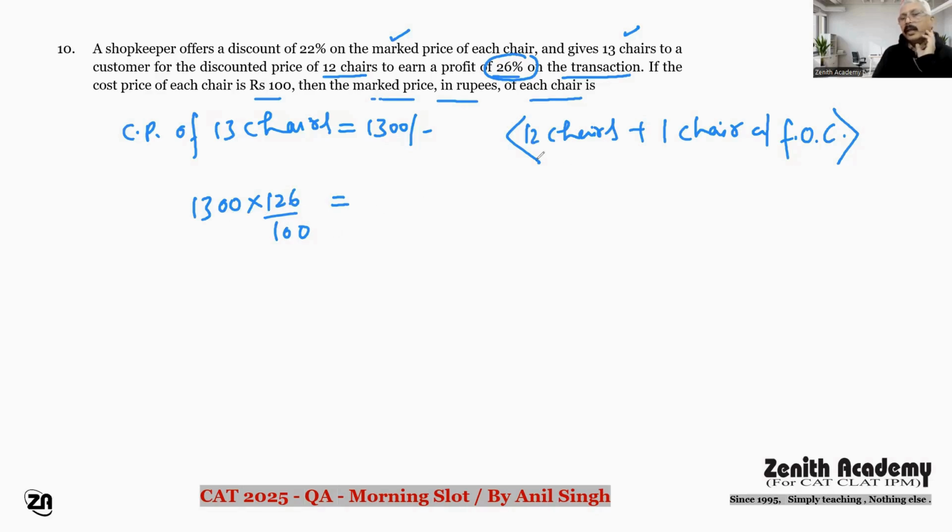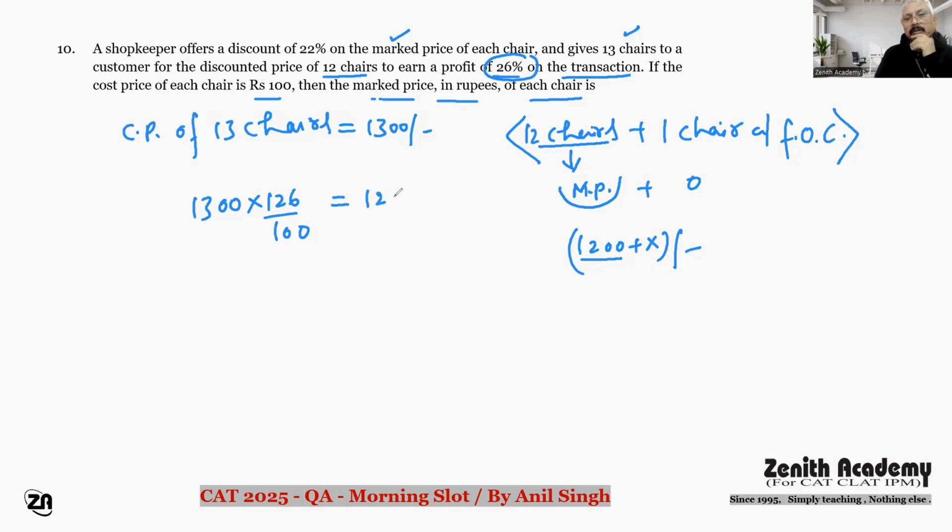How is this? The mark price of 12 shares, suppose it is 1200 plus X rupees. 12 shares is equal to 1200 rupees, and above the cost price, suppose the amount is X. So this is the total mark price of 12 shares.